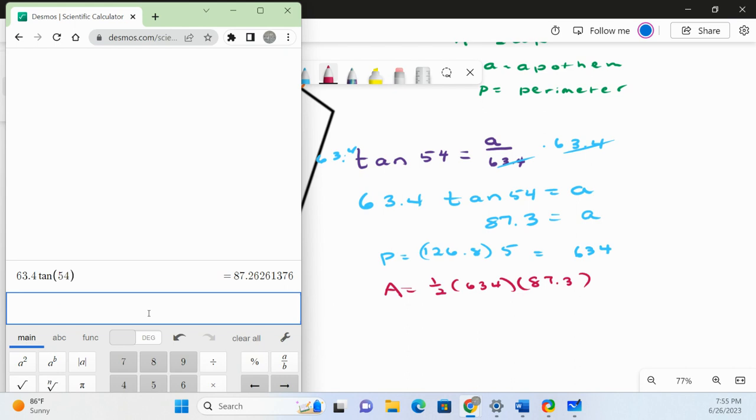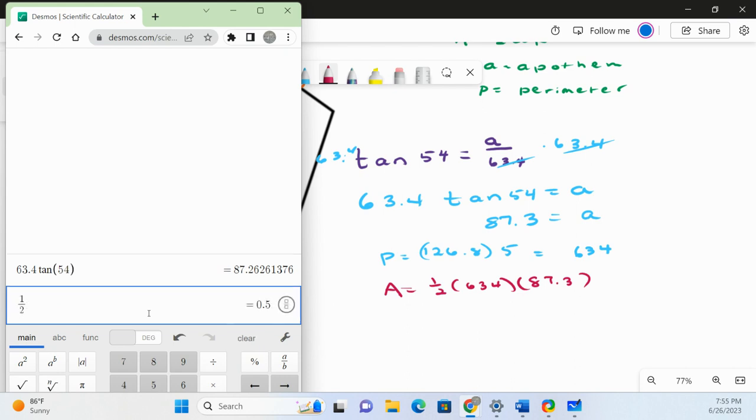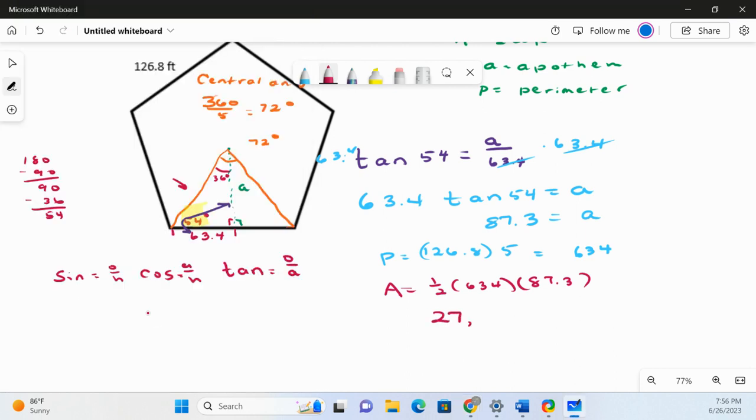We can go 1 divided by 2 times 634 times 87.3. It gives us that big number of 27,641.1. And I think my units in the beginning were feet, so my answer will be feet squared.